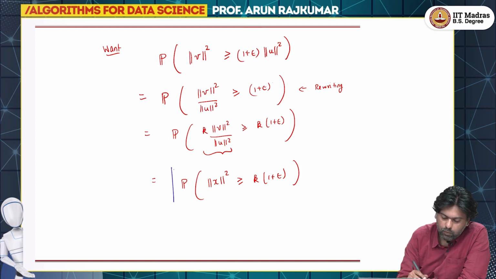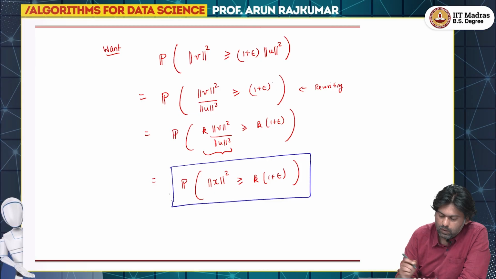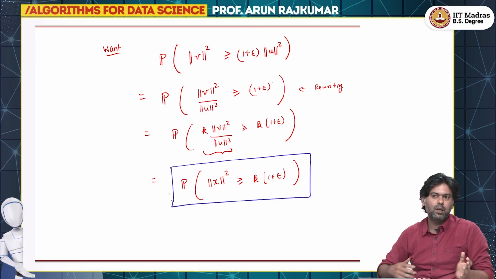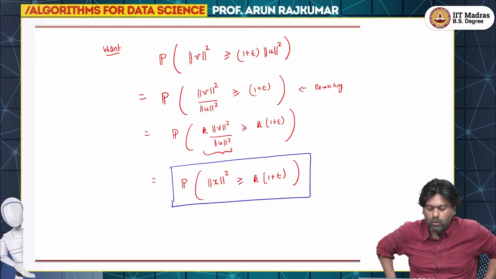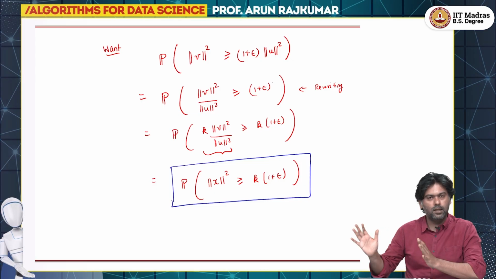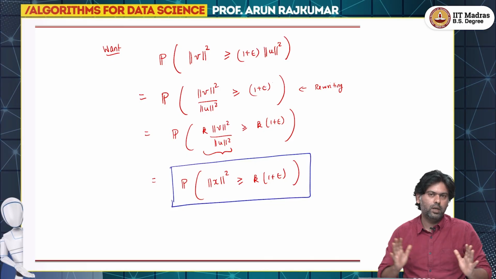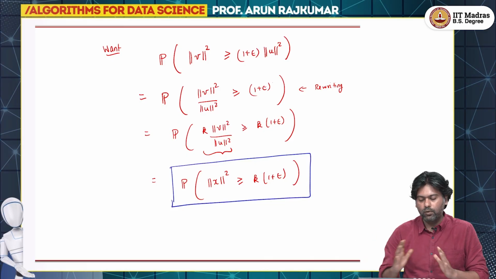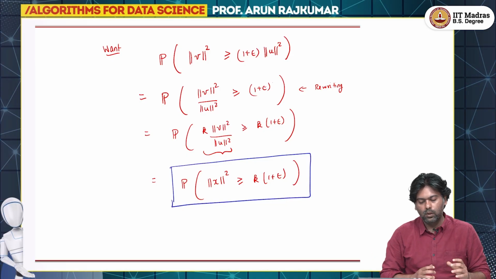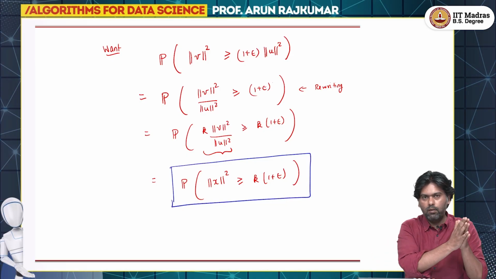Let me state the English statement, and then we will talk about how to get the final answer next time. Essentially, in all the discussion that we have done so far, if we have to summarize, this is what it is. I have a vector u in d dimension, high dimension.